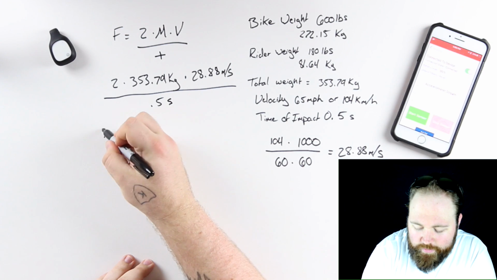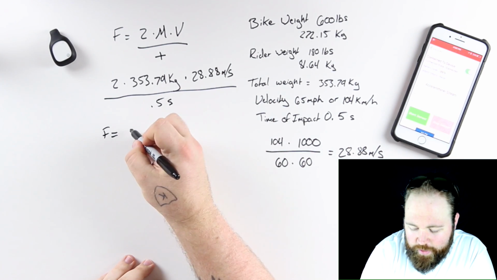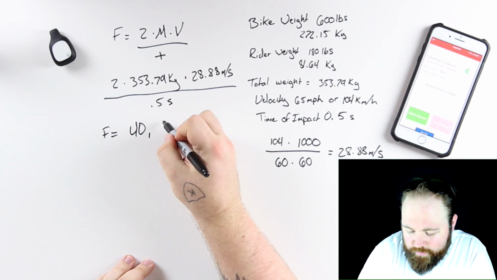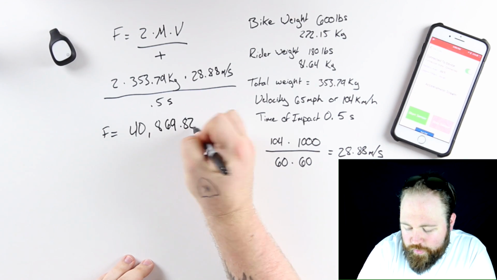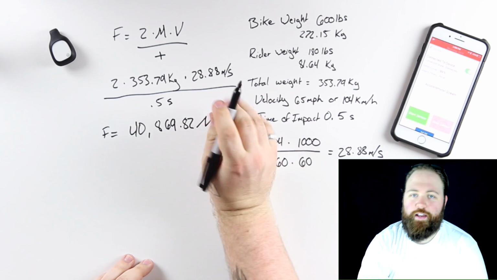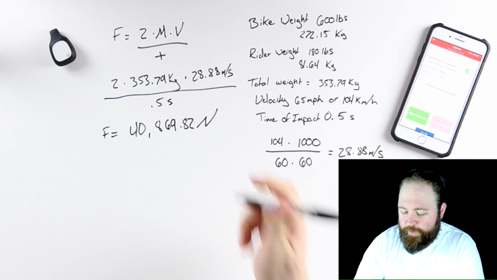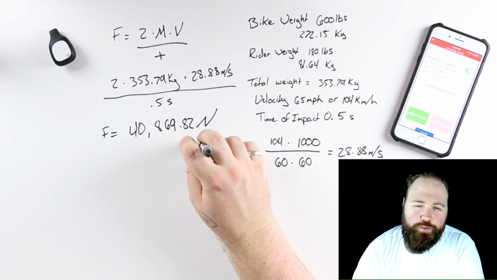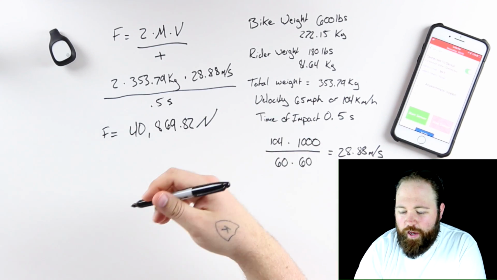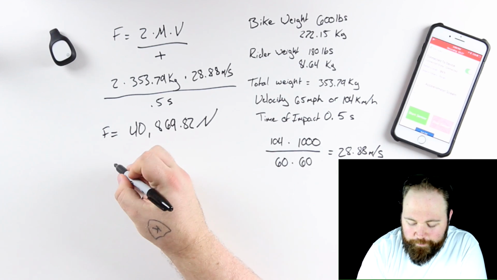And what we get is the force of the crash equals 40,869.82 newtons. Now, for all of you physics nerds out there, you will remember newtons. What we need to do is actually convert the total weight to newtons now using standard gravity.